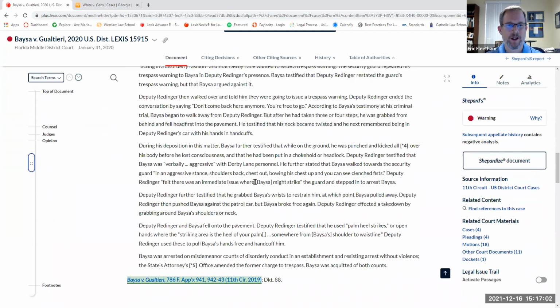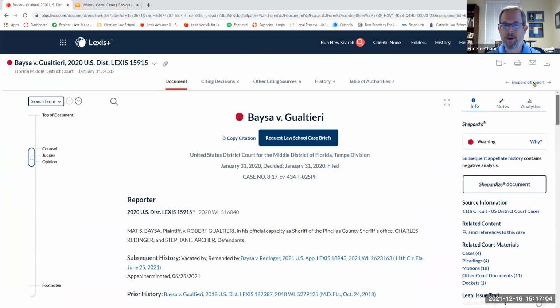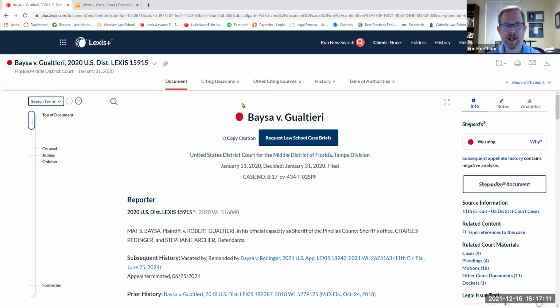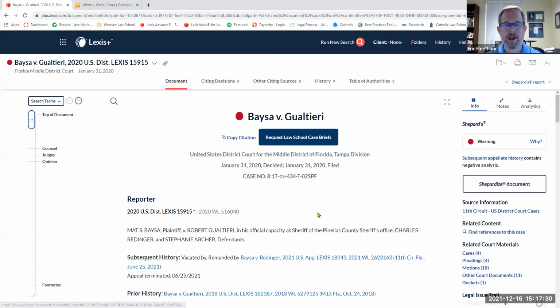But I can read it, but I have to be careful because you should have seen the big red stop sign. So something in this case has been reversed or vacated. So I'm going to need to find that out. This US District Court opinion was at least in part vacated or reversed. I think I said remanded, did I?